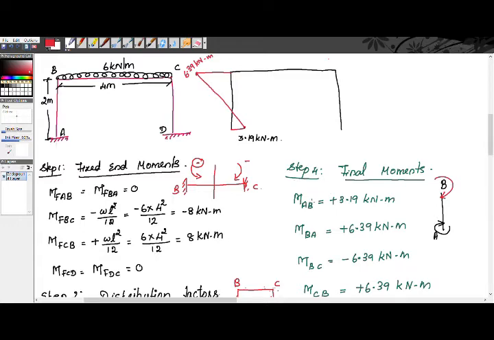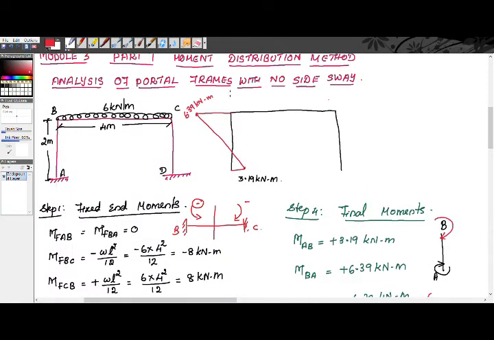Now we will take BC. So BC is like this. So MBC is anti-clockwise, negative. So we will draw an anti-clockwise. It is pointing towards the minus 6.39. So here, value is the same, 6.39 kilonewton meter, minus 6.39 kilonewton meter.